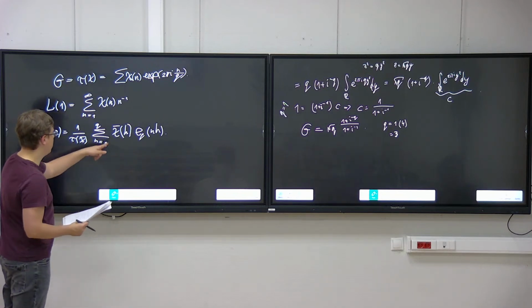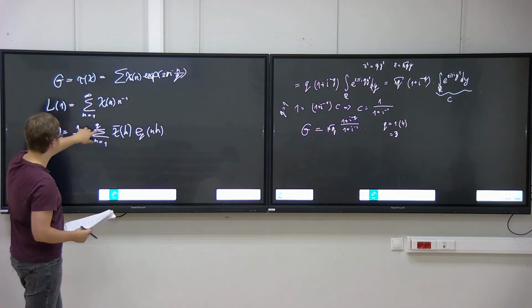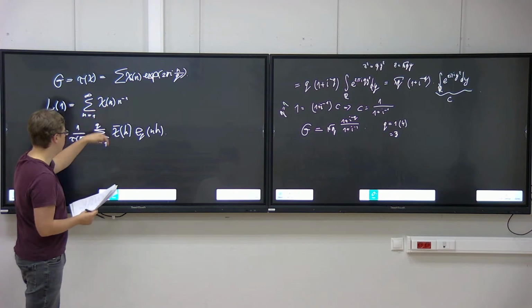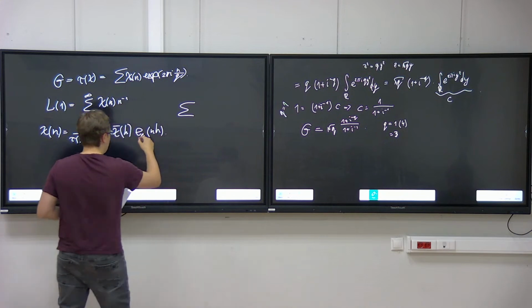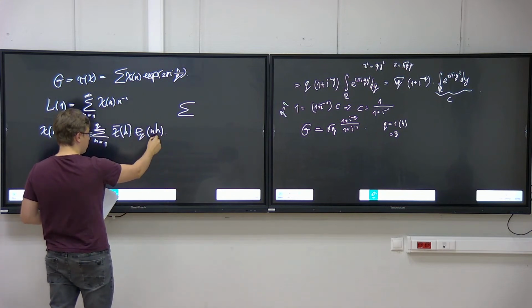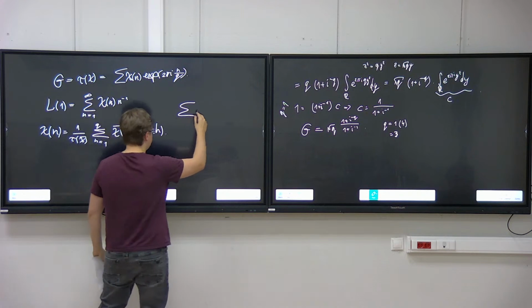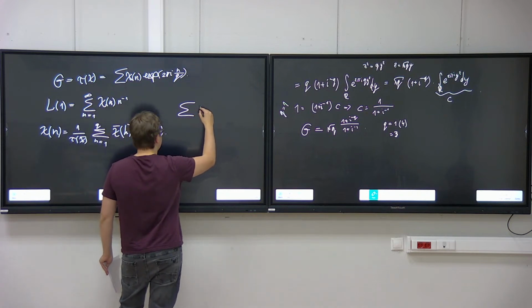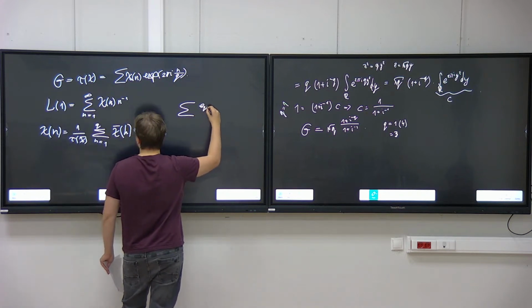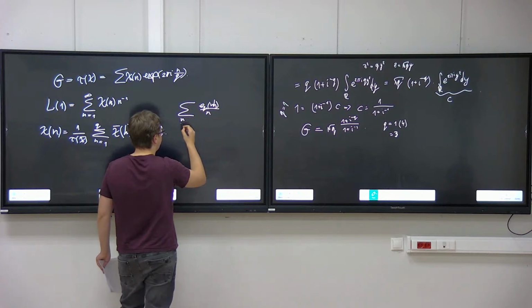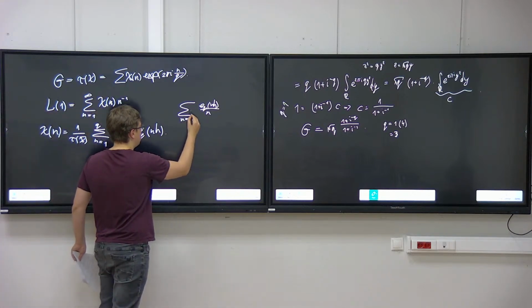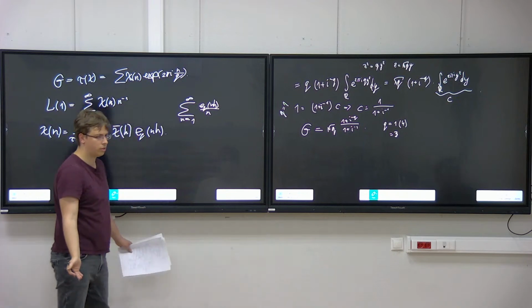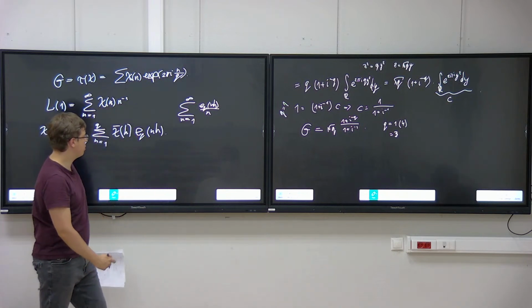Now if you substitute this expression here, you will need to compute the sum of exponentials. Now n is in this exponent, and it will be such a sum, e_q of nh over n, sum over n from 1 to infinity. How to compute such a sum?